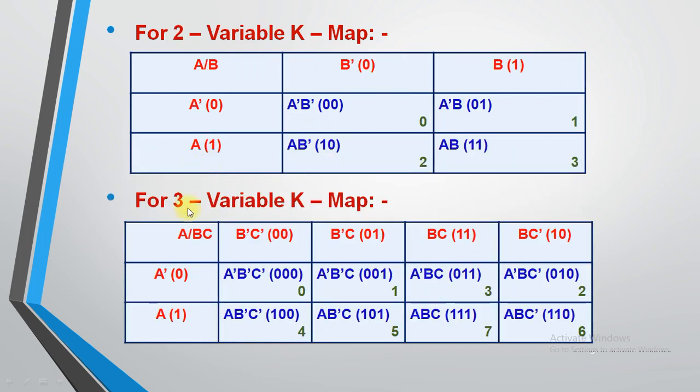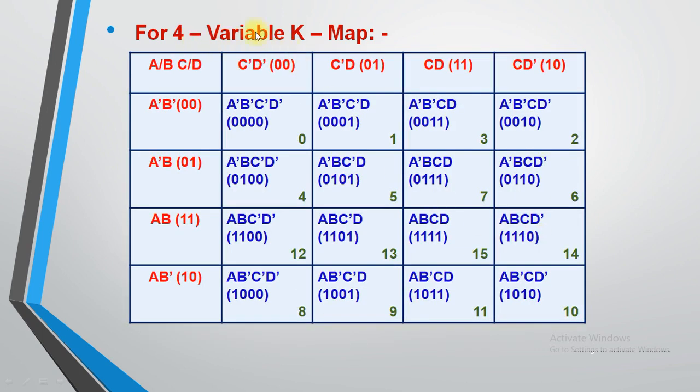In the 3 variable K-map, we have switched the columns only. Similarly, when you form a 4 variable K-map, at that time the last 2 columns you need to switch, as well as the last 2 rows you need to switch.